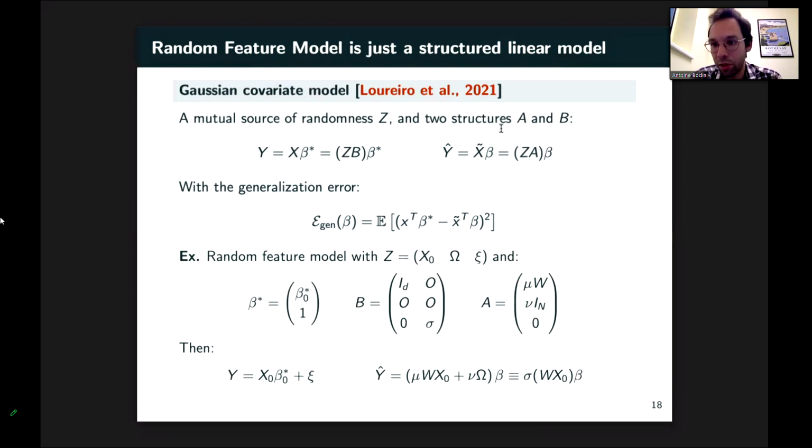So it's actually the setting that we've described earlier, where you have a teacher that is given some specific data matrix X and a student that is given another data matrix tilde X. And you could have some specific covariance structure between X and tilde X. And here you could actually create a model that replicates this structure with this ZB and ZA, which is precisely X and tilde X, right?